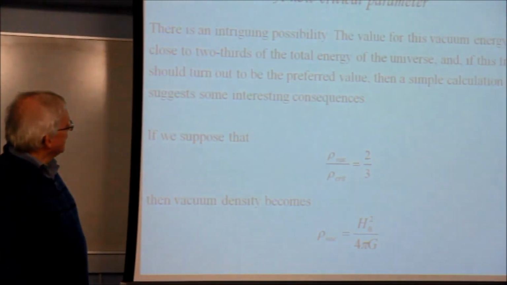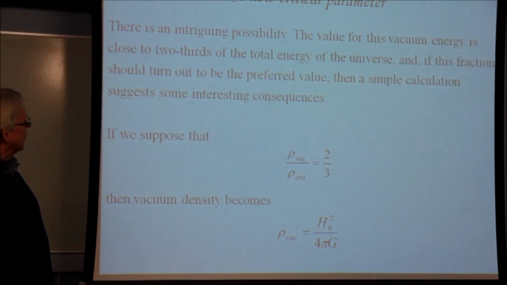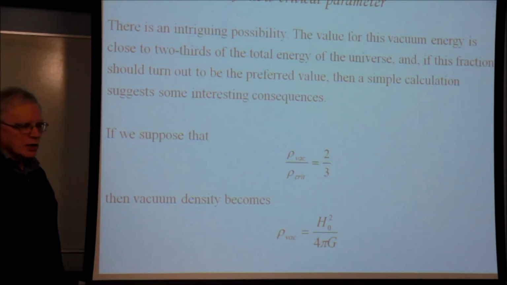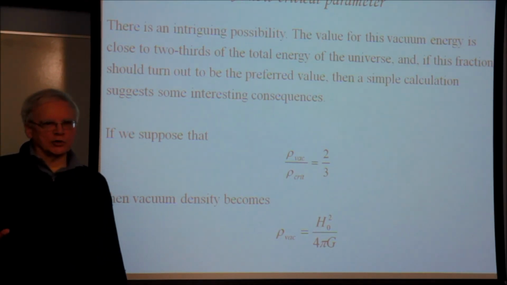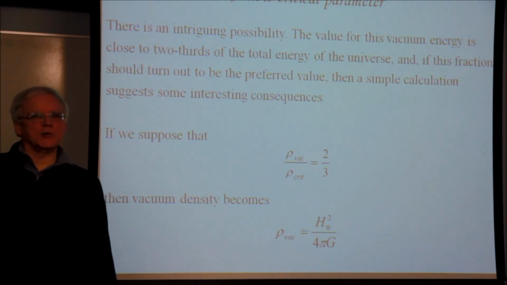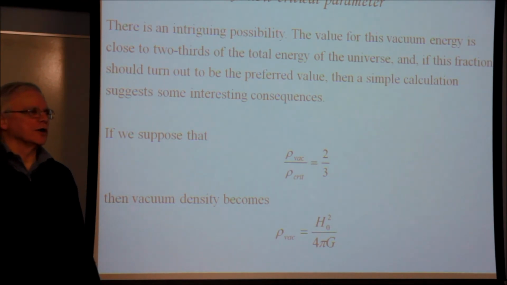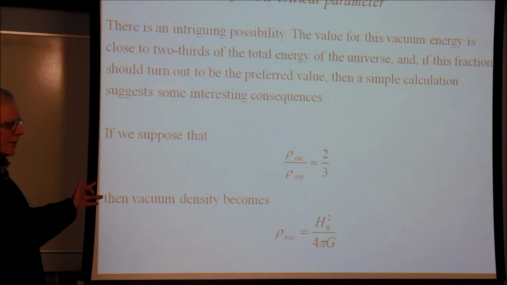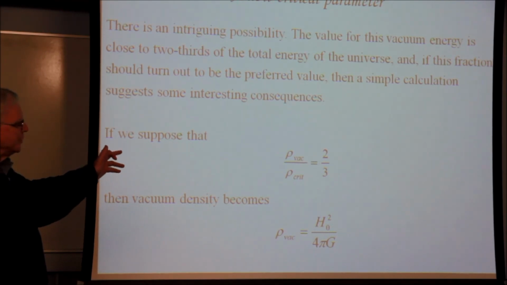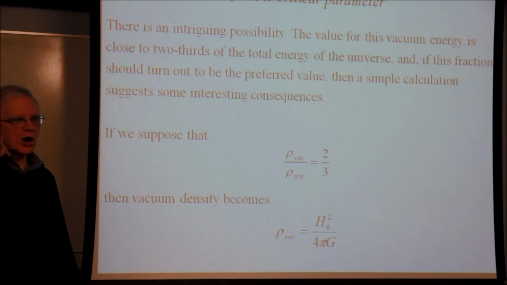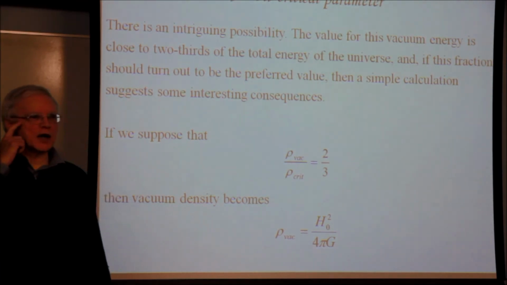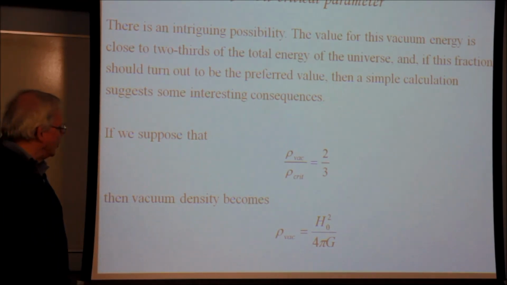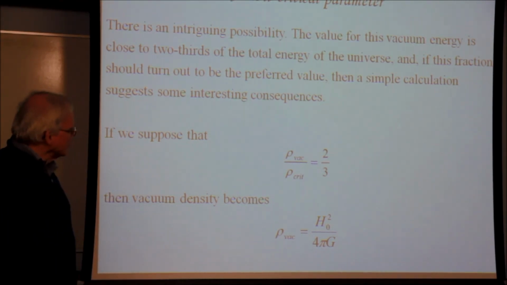So it's very close to 2/3 of the total energy. And all we have to do now is to look at a simple calculation to see why that is particularly interesting, that it could be 2/3. Let's suppose that it is. Let's suppose that the vacuum energy, this dark energy, this energy of the acceleration outwards, is 2/3 of the critical value.